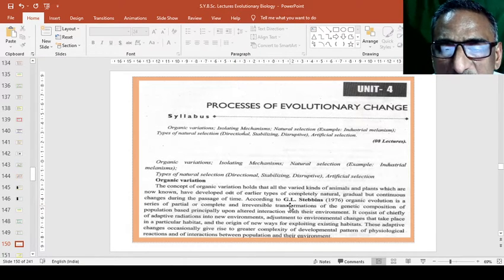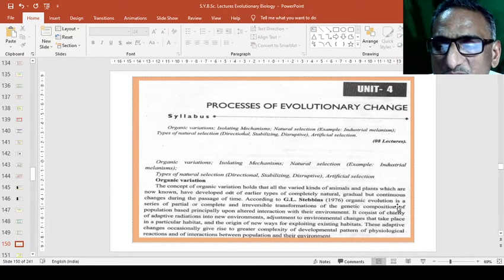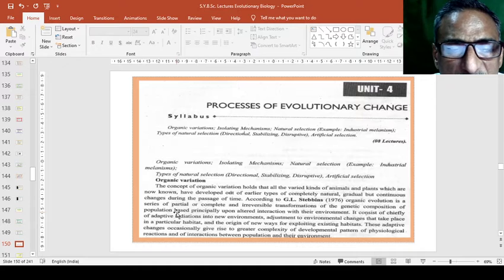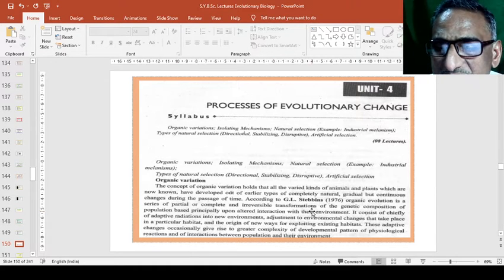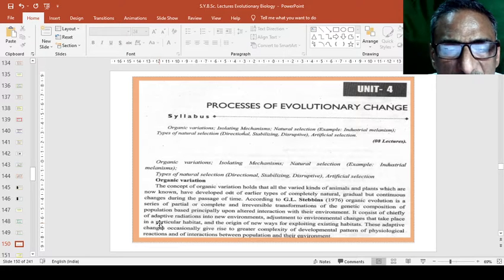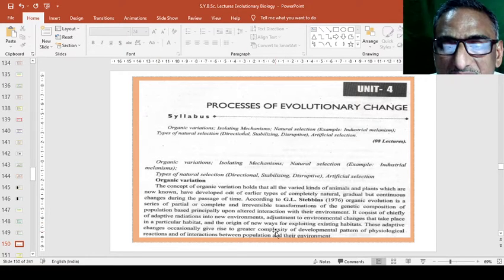But according to G.L. Stebbins in 1976, organic evolution is a series of partial or complete and irreversible transformations of the genetic composition of populations based principally upon altered interaction with their environment.